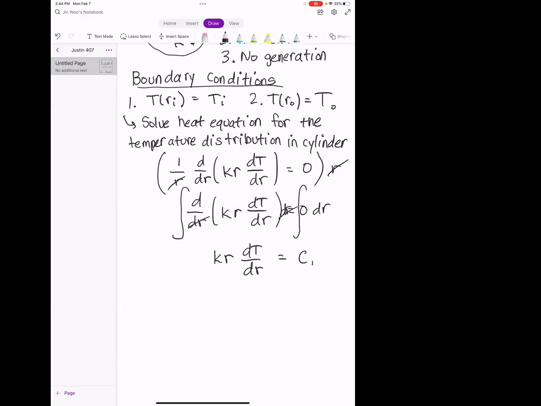Next, we're going to divide by k and divide by r. The k r cancels out on the left side, and on the right-hand side we have C1 divided by k r.